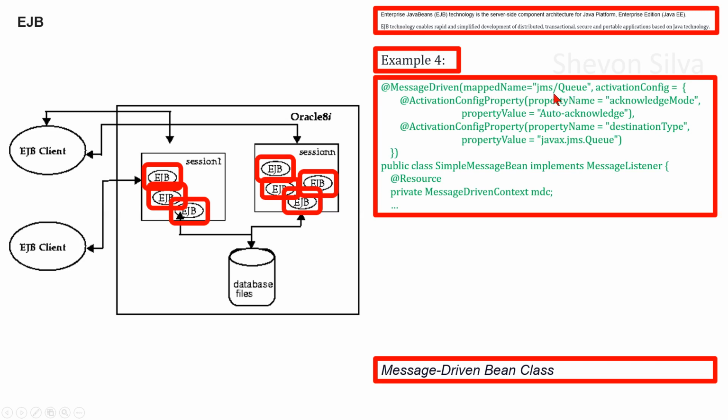For complex message-driven beans, there can also be an activationConfig element containing activationConfigProperty annotations used by the bean.